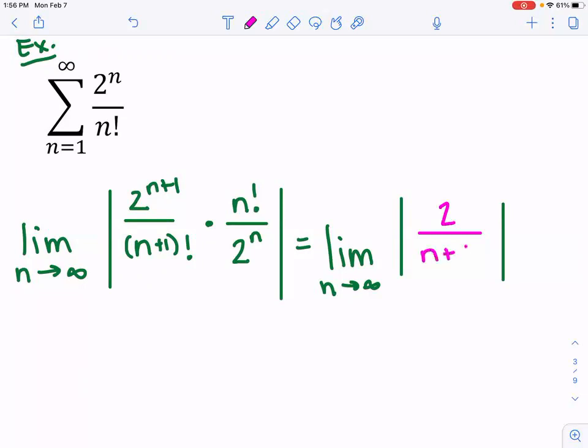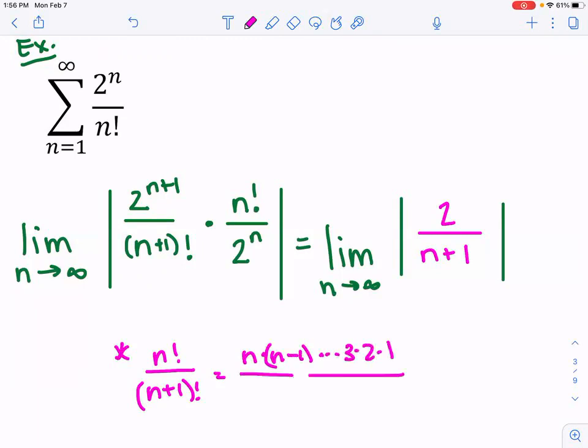Everything cancels except the n plus 1. Okay, side note.